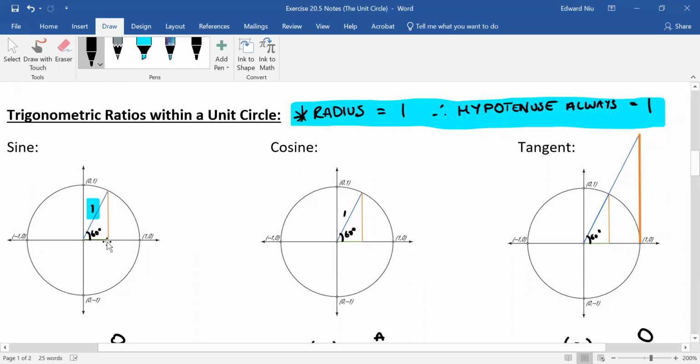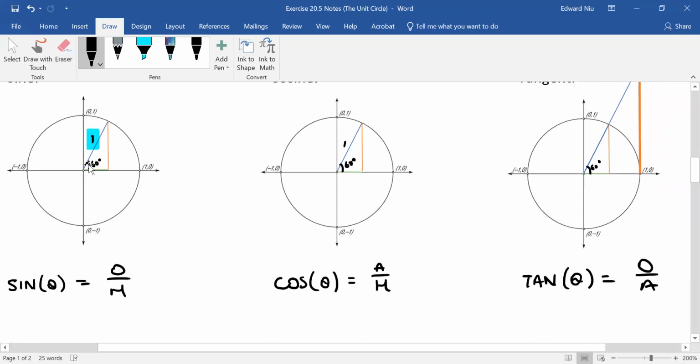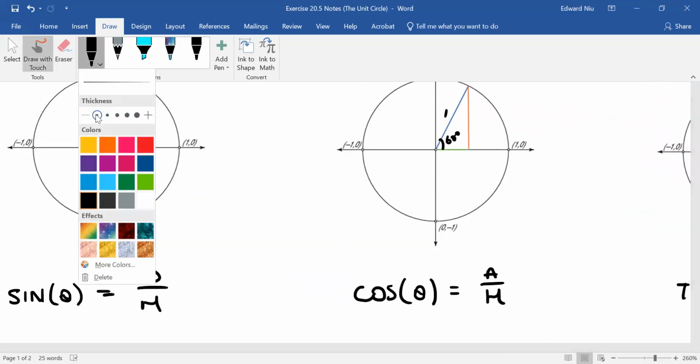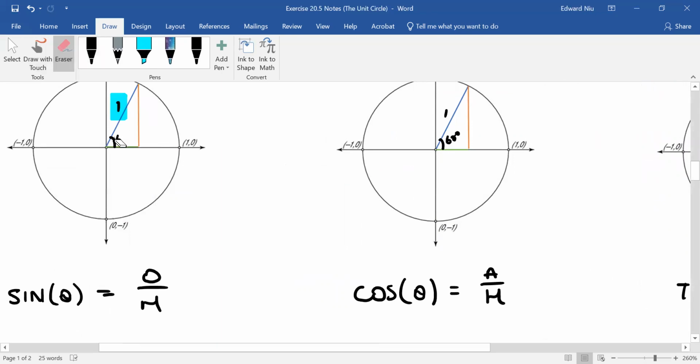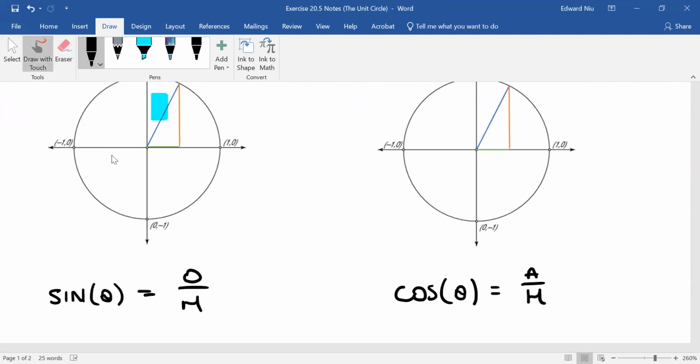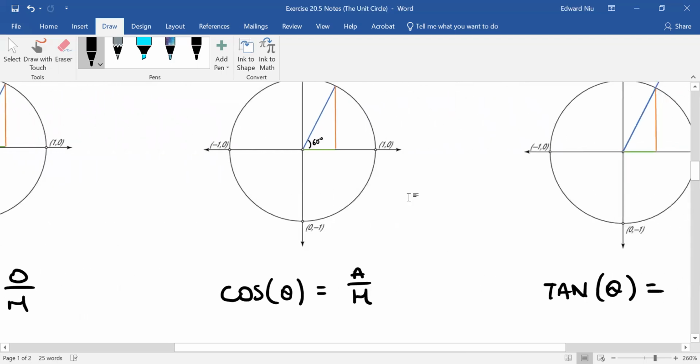If we have 60 degrees on the interior angle, for sine, if we have a nice right angle triangle here, let me see if I can get this a little bit slimmer. Okay, so let's pretend this angle here is 60 degrees. I'm just making that up. It looks about 60. Now let's make all of them 60 degrees.